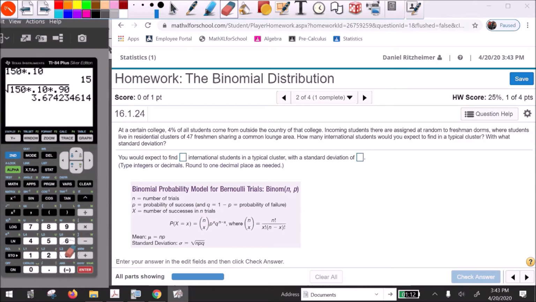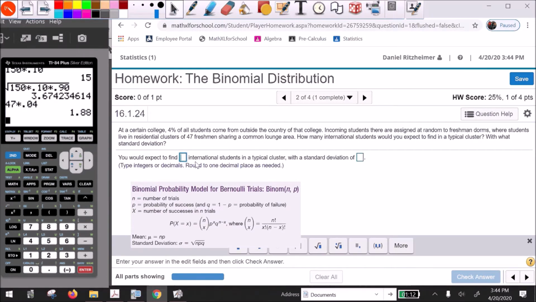So we're just going to take n, which is the number of students that happen to be in that cluster, which is 47. And we're going to multiply that by 4%, the probability that a student is an international student. And we get 1.88. They want us to round it to 1 decimal place, so 1.9.